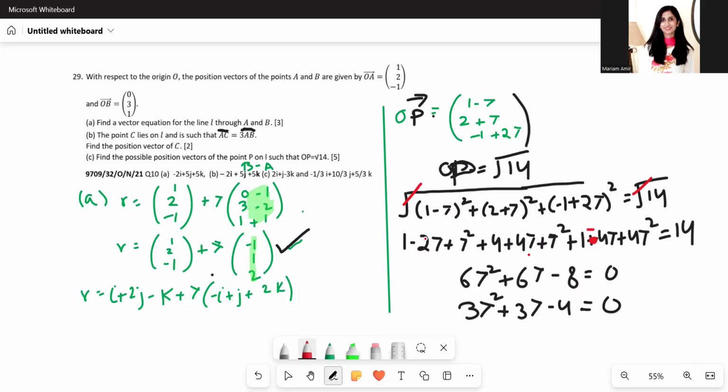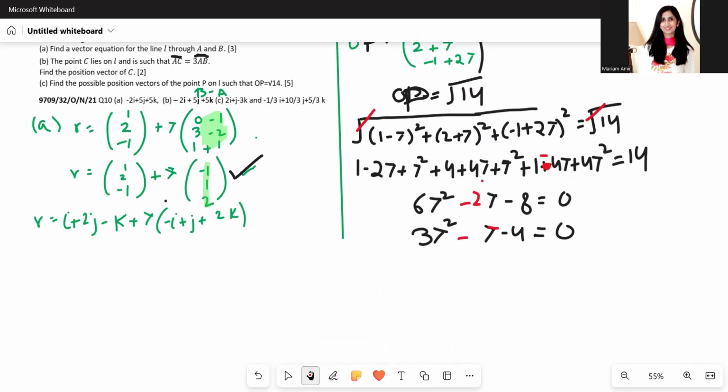So now we will get minus 2 lambda in the middle, and then in the next step, it will become minus lambda. Okay, so 3 lambda square minus lambda minus 4 is the quadratic equation.